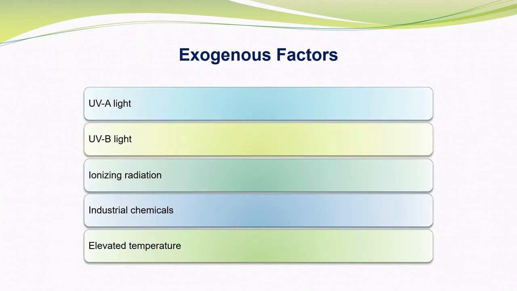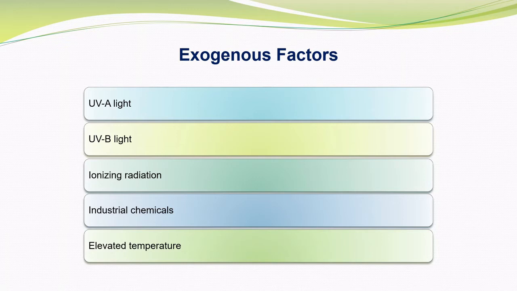The exogenous or external factors responsible for DNA damage or modification are UV lights, both UVA and UVB light. Ionizing radiations, industrial chemicals, and elevated temperatures are the other exogenous factors which cause modification or damage to the DNA molecule.